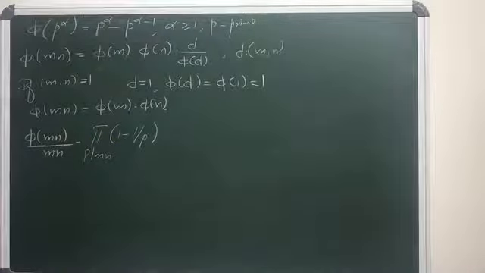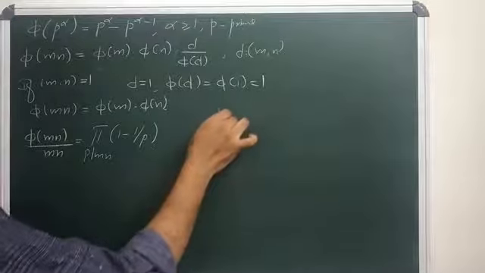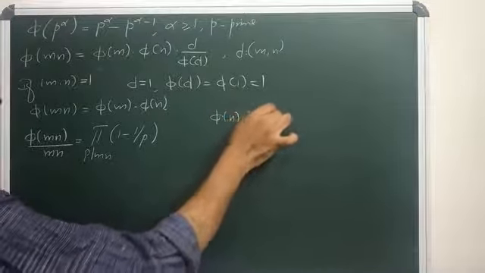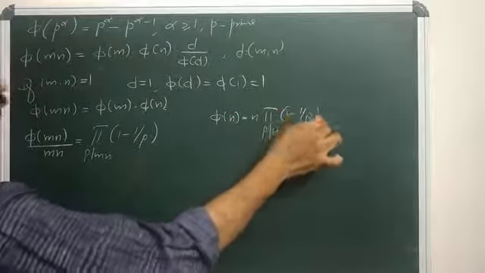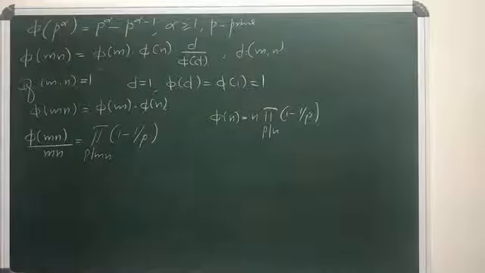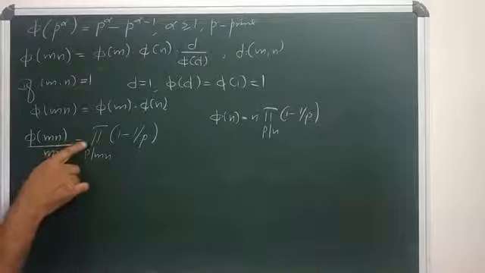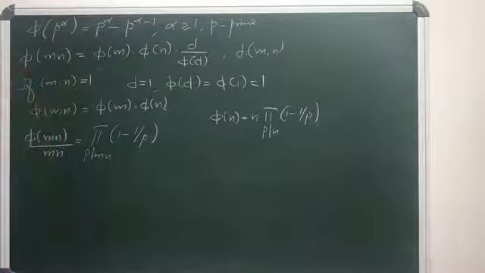Why? Because we have the product formula phi of n equals n into product over p dividing n of 1 minus 1 by p. So with that, phi of mn equals mn into product over p dividing mn of 1 minus 1 by p.